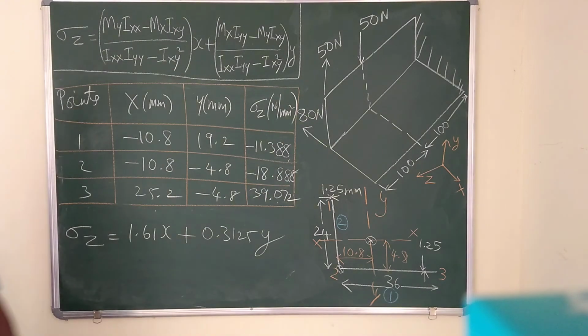So these are the bending stress or the direct stress due to bending at the built-in end due to the external loads acting in x and y directions. The plus sign says that it is tensile, and the negative sign says it is compressive.